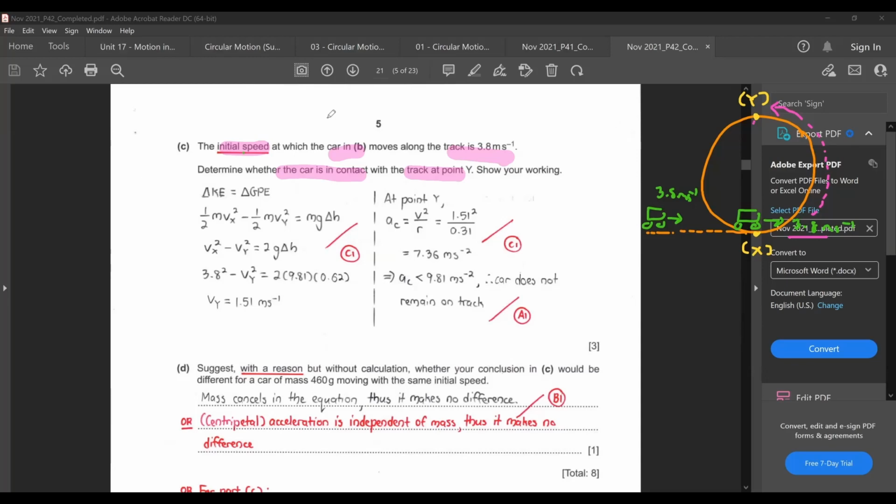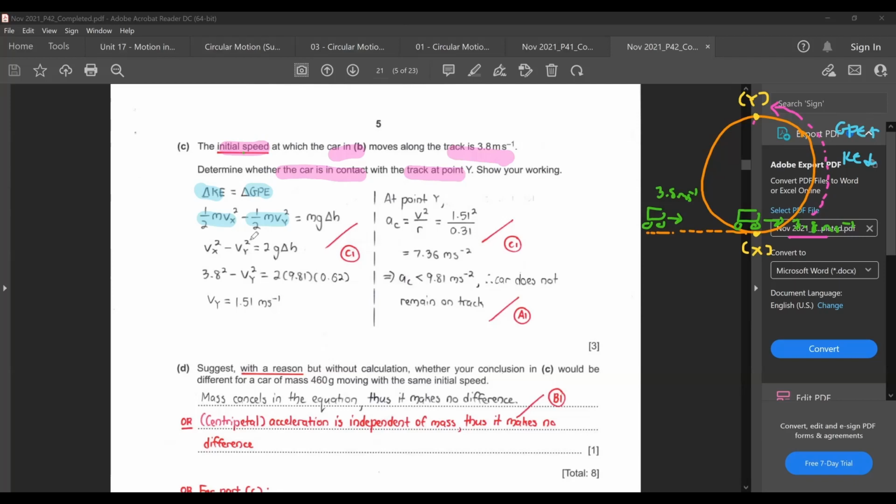So here we can just consider this using conservation of energy. As the thing moves up, I know that GPE will increase, KE will drop. So change in KE is equal to change in GPE. Change in KE is just the kinetic energy at the bottom, half m vx squared, minus kinetic energy at the top, half m vy squared.